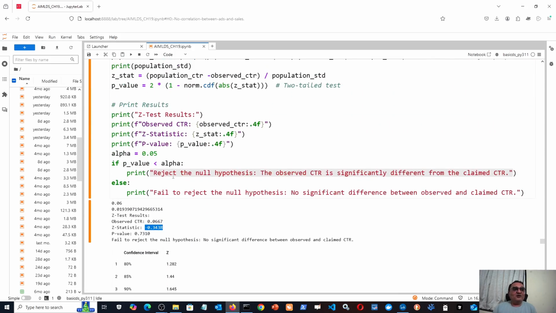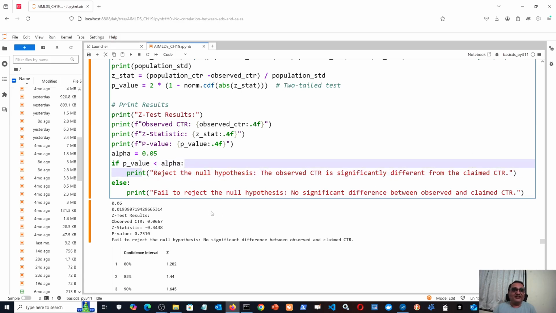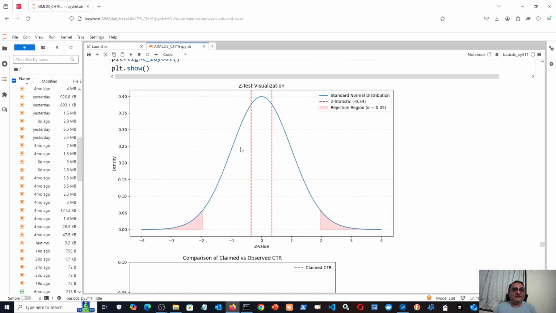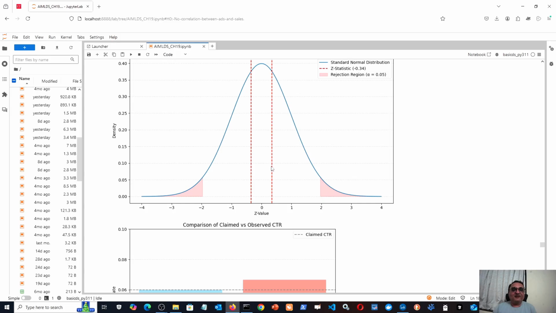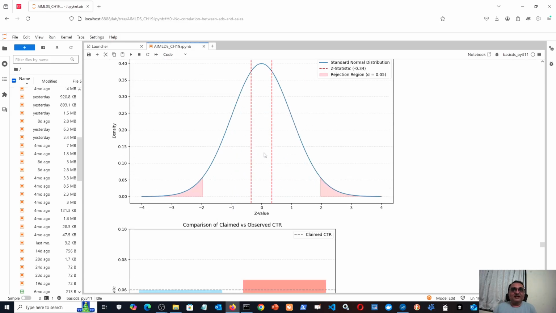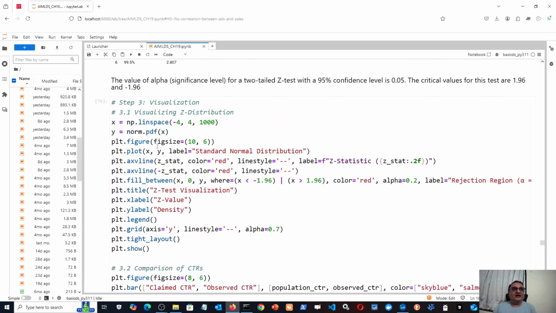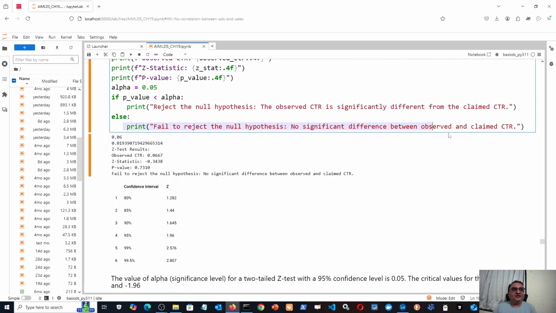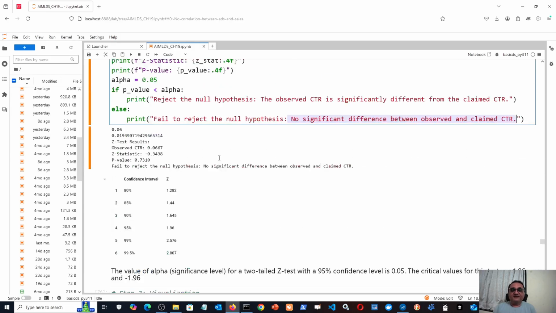I am not venturing into that area, which means my p is not less than alpha. Otherwise, I would venture into this area, right? But my plot says that I am always within this area. I fail to reject the null hypothesis because this area between the negative and positive z-score is where my statistical results lie. And that means I am never entering the rejection area. So it is clear that this else statement will be executed: fail to reject the null hypothesis, or there is no significant difference between the observed and claimed click-through rate.